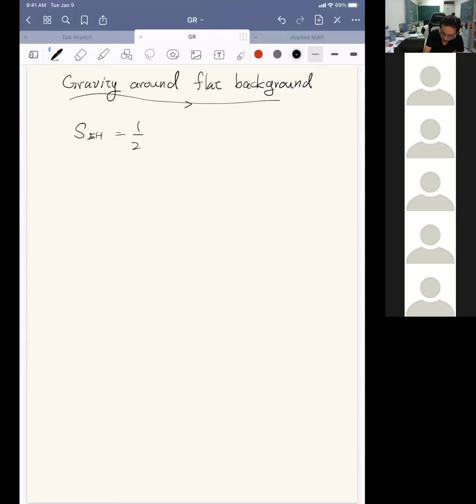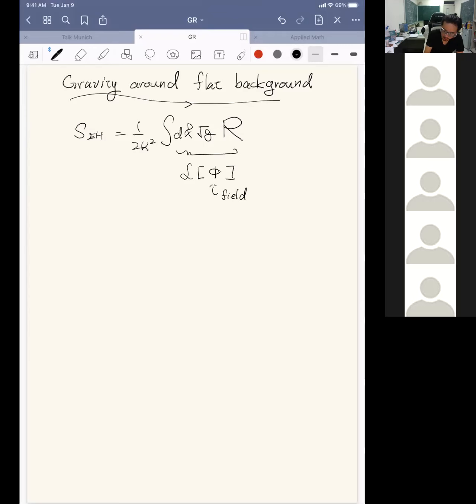The idea is similar to what I've discussed in the quantum field theory class. This is our Einstein-Hilbert action, this is our Lagrangian. Usually when we write down our Lagrangian, we write it as a function of our field.